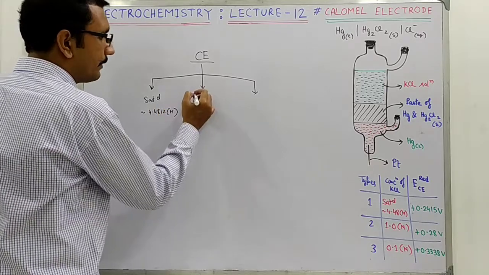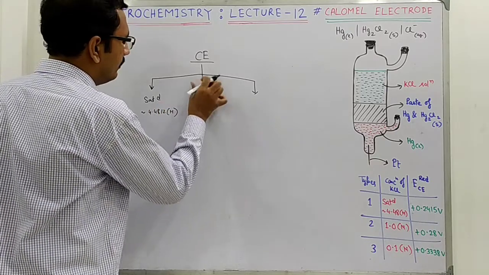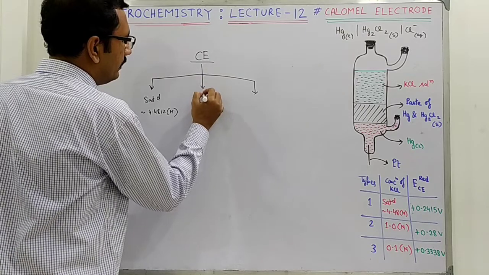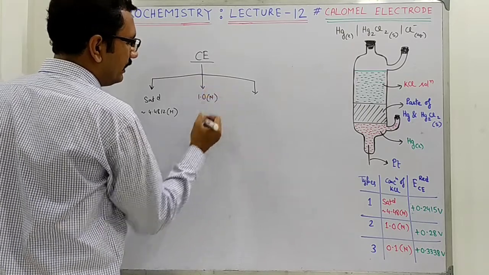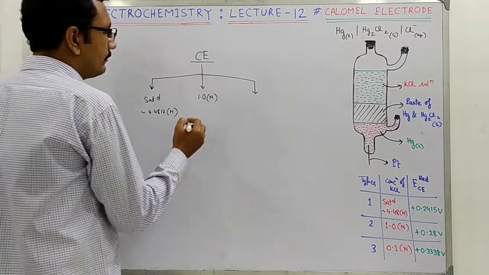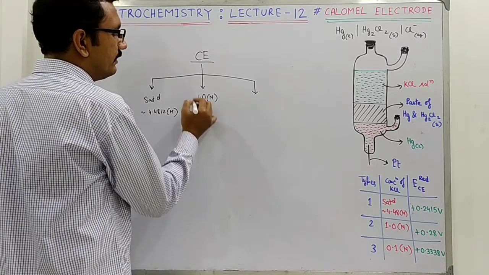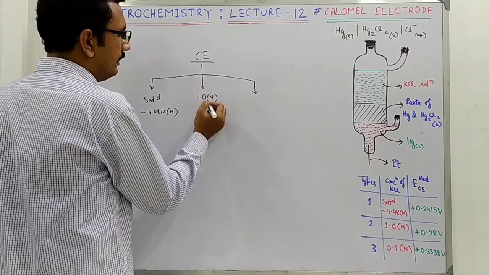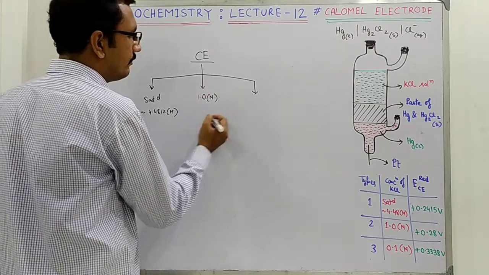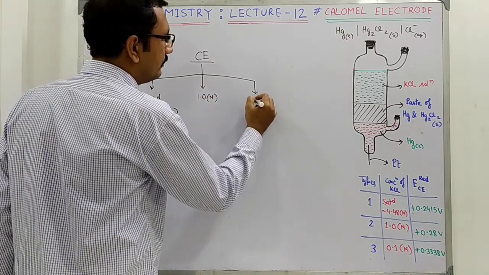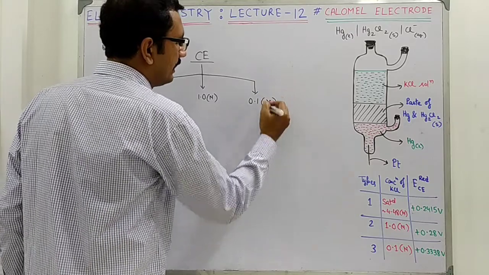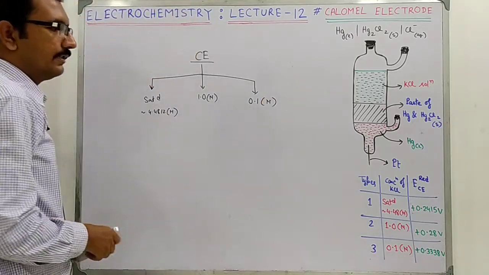The second is the normal calomel electrode, which can be referred to as the standard calomel electrode since it has 1 normal Cl minus ions, and the third one is the decinormal electrode.